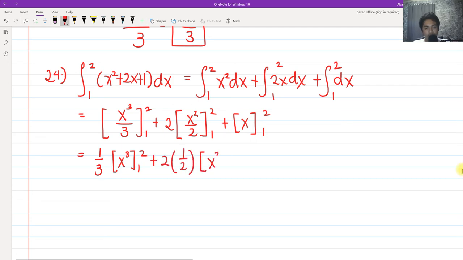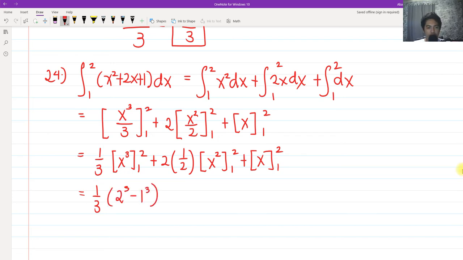So we have x squared evaluated from 1 to 2 plus x evaluated from 1 to 2. So we have 1/3, then we have 2 cubed minus 1 cubed. This would cancel. So we are left with plus 2 squared minus 1 squared. Then we have 2 minus 1.